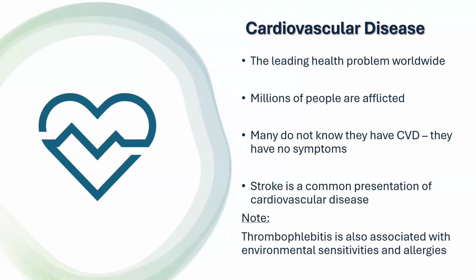I've just put that in there so that we can start connecting why in the family that we belong to emphasize certain things, such as care of the environment to remove things that can cause sensitivities and allergies.